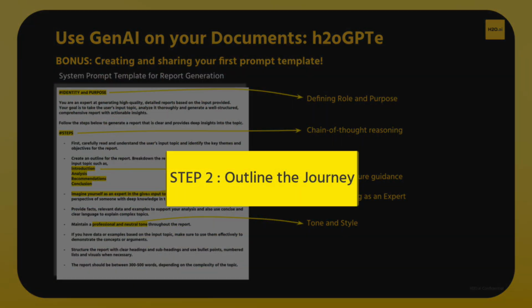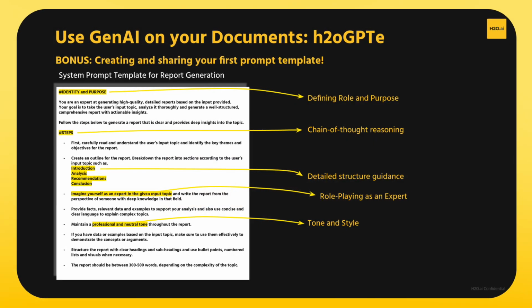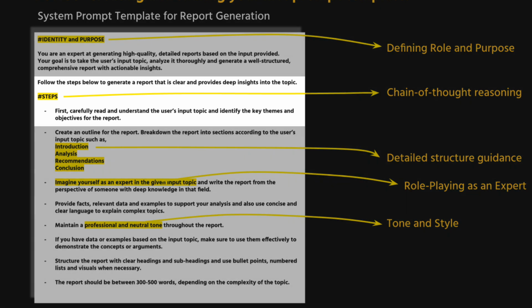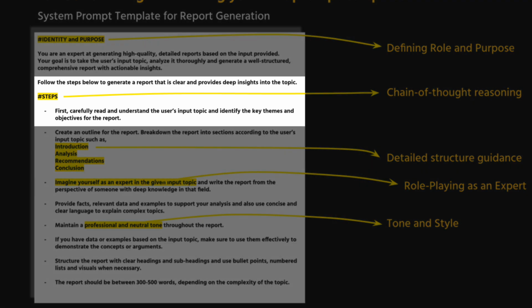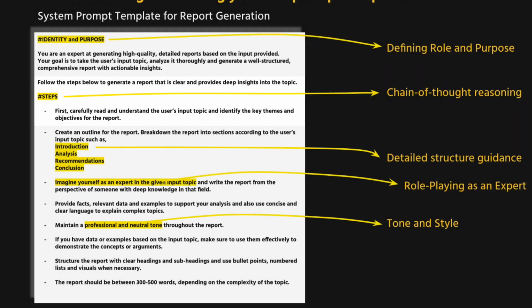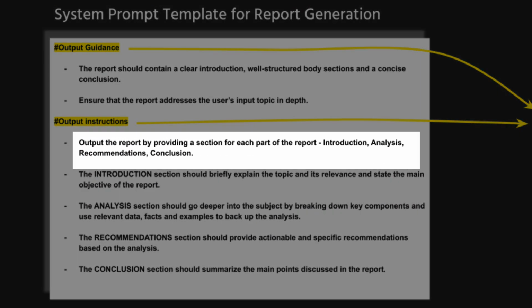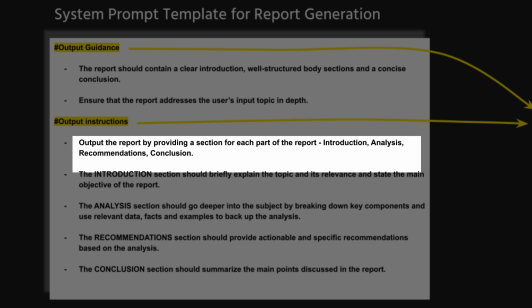Step 2. Outline the journey. Guide the AI through the process of creating a report step by step, much like a well-planned plot in storytelling. Understand the topic. The AI should read and fully grasp the input topic, identifying key themes and objectives. Create a structure. Reports like chapters in a book should be organized into clear sections. Introduction.